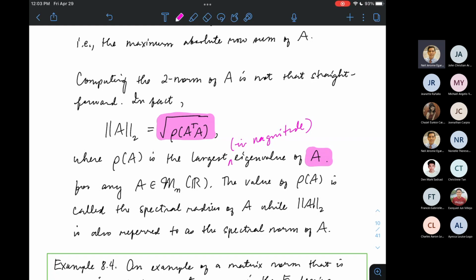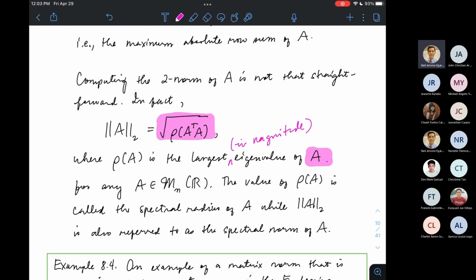Yung may pinakamalaking absolute value, siya yung tinatawag natin na spectral radius ni matrix A. Alright? Now, kailangan siyang makorek kasi ang spectral radius ng isang matrix, tama nga ba? Yeah, so okay na to.